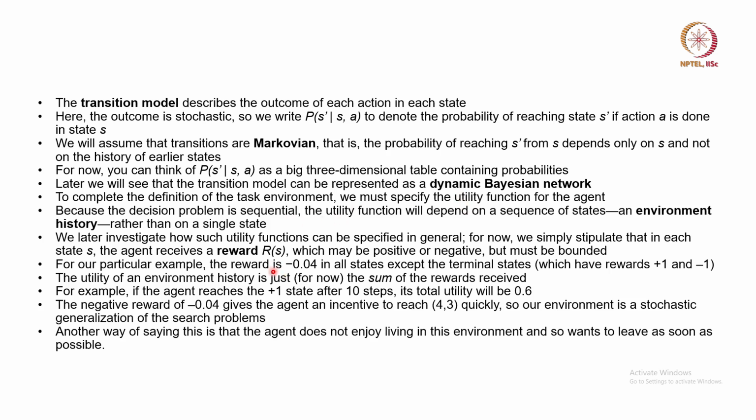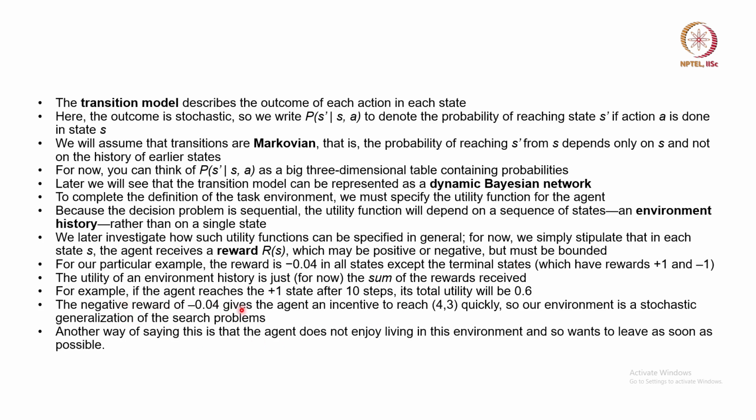What it says here is that every square has what is called a reward, right? So if you go to a particular square, you get a certain reward, which can be added on to the utility basically. The reward is minus 0.04 in all the states except the terminal states, and in the terminal states we know it is plus 1 or minus 1, right?